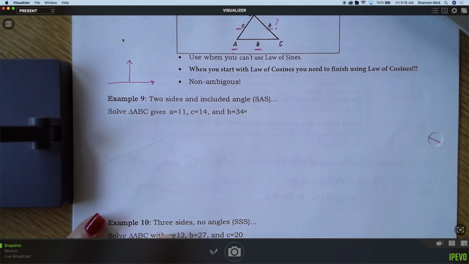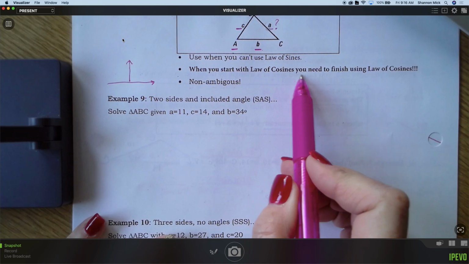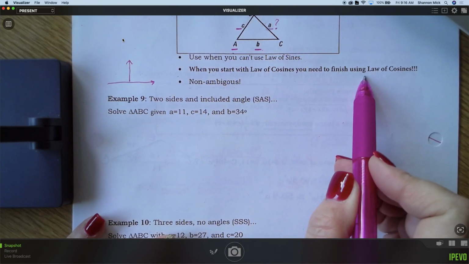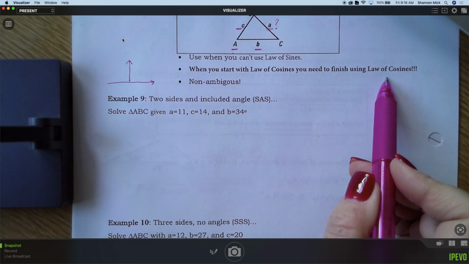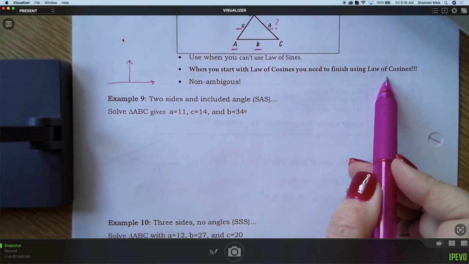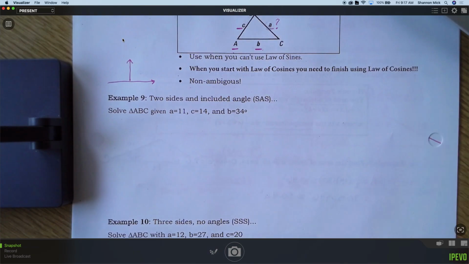Awesome, right? The other thing is when you start with law of cosines, you need to finish using law of cosines. Am I clear? The reason for that is if you go from law of cosines and then jump to law of sines, first of all, you're using something you found, right? And sometimes we have to, but then you might have to check for an ambiguous case.